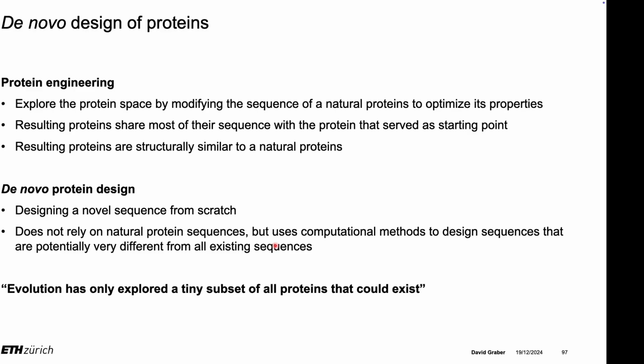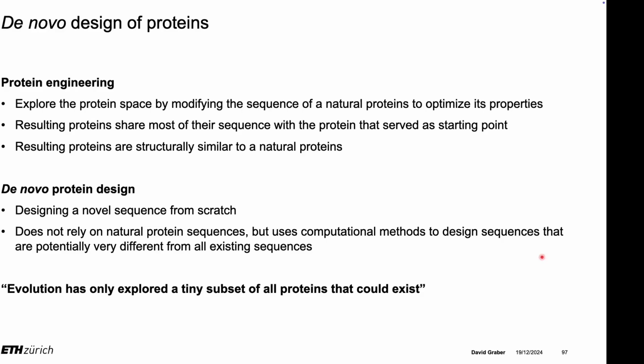And in de novo protein design, this is not the case. So the idea is that you generate new sequences of proteins from scratch. And this does not rely on any natural proteins, but uses computational methods to generate sequences that might potentially be very different to all sequences that have been characterized before.